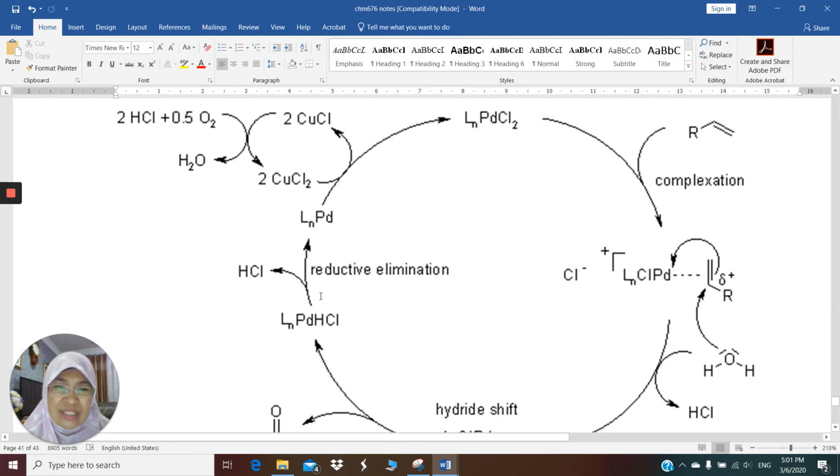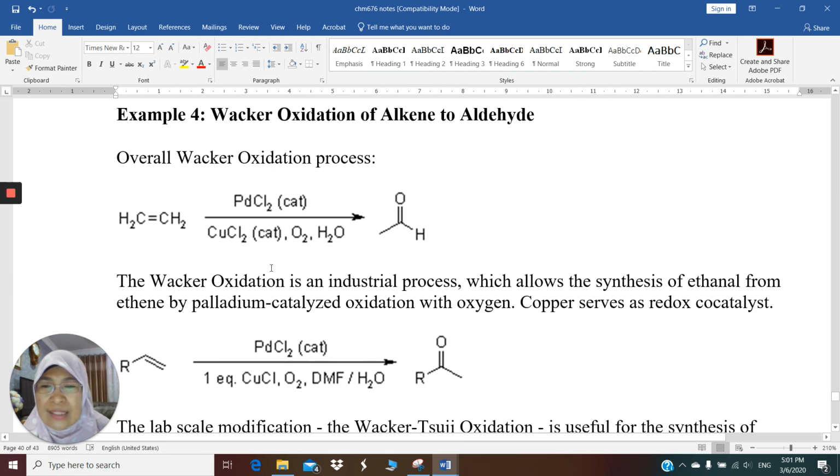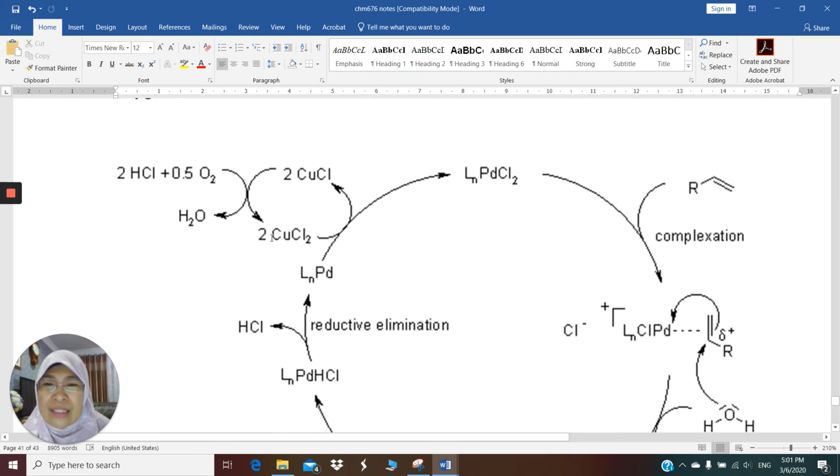So to change this catalytic species into that, you need your co-catalyst. It is going to do a reductive elimination of HCl, hydrochloric acid, to produce that. And then the co-catalyst, which is your copper chloride. Remember, I told you that there's a co-catalyst in here. The co-catalyst will react. This is copper 2 to become copper 1.